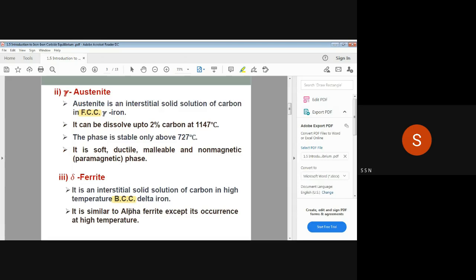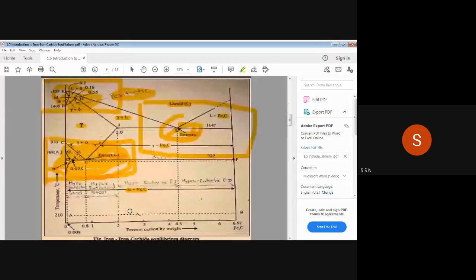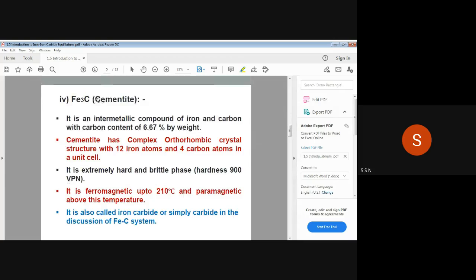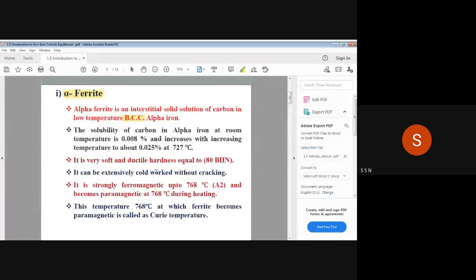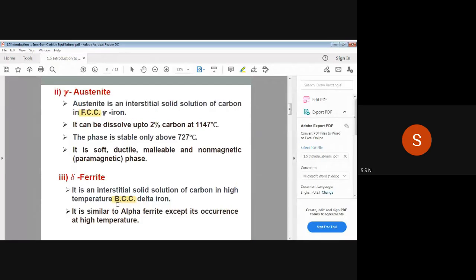Fe3C, called cementite, also has a different structure, a complex orthogonal crystal structure. So all these solid phases have different microstructure because they have different crystal structure, so they have different properties.